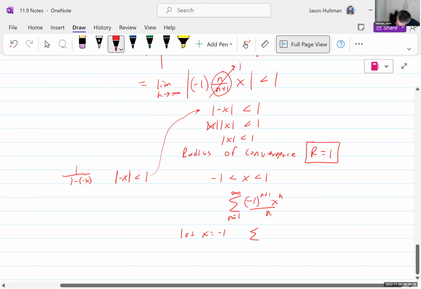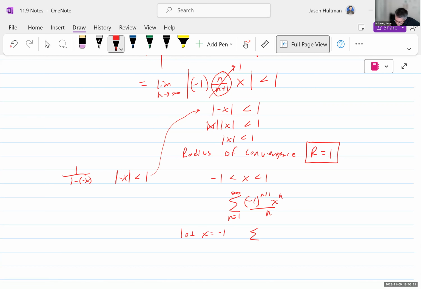Then let's see what happens here. Summation of n equals 1 to infinity of -1. I'm going to write this as -1 times -1 to the n times x to the n, which is -1 to the n, all over n.